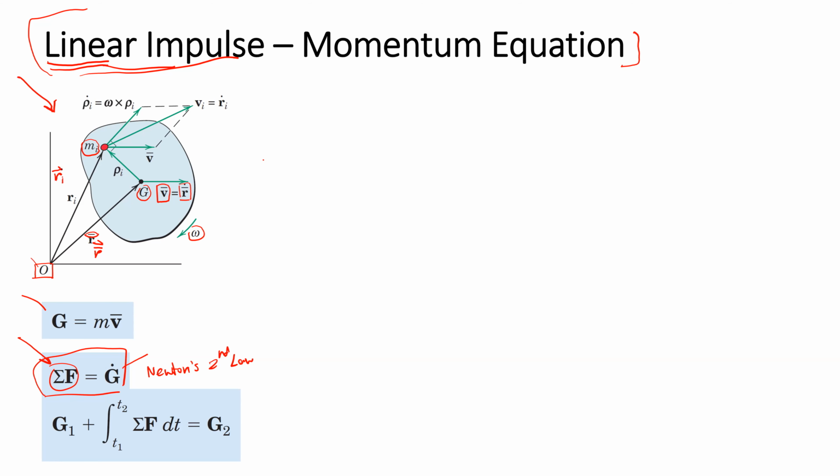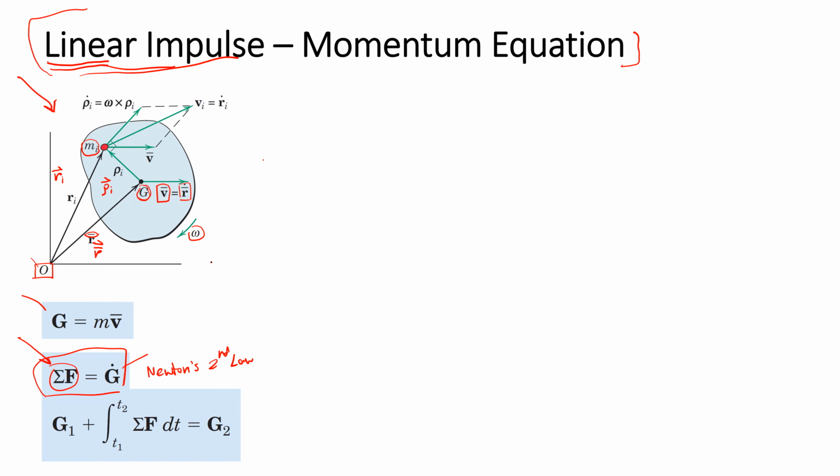In the rigid body, we also have the vector rho of particle i. The vector rho is the relative position vector of the mass with respect to point G.